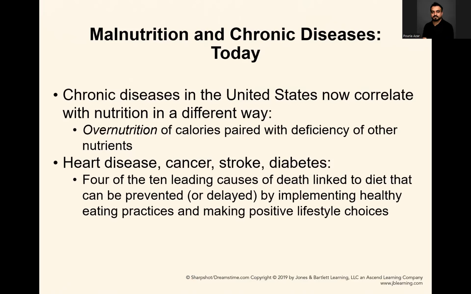There will be a table we will see in a few slides, and it lists the top 10 leading causes of death in the US. Among those 10 leading causes of death, four of them are linked to the diet, which means we can manage those conditions, prevent or delay them by modifying our eating pattern and making positive lifestyle changes.